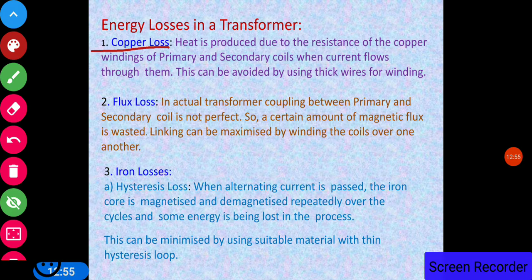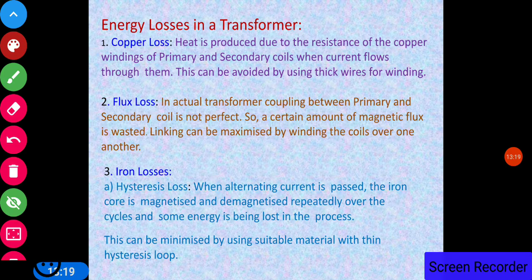To avoid this, we can wind with thick copper wires, then the resistance will be less, because heat H is equal to I squared R t. So less resistance means less heat is produced and less energy is wasted.